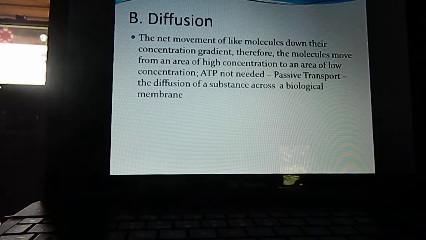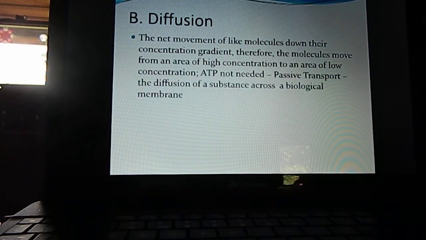But if you have a membrane that separates the two fluids, then that's a type of diffusion called passive transport. It's just diffusion through a membrane. No ATP is needed because a concentration gradient exists, and the molecules move through one side of the membrane into the other.